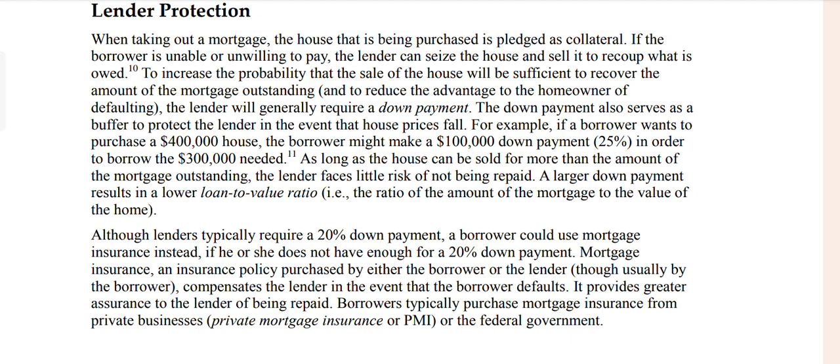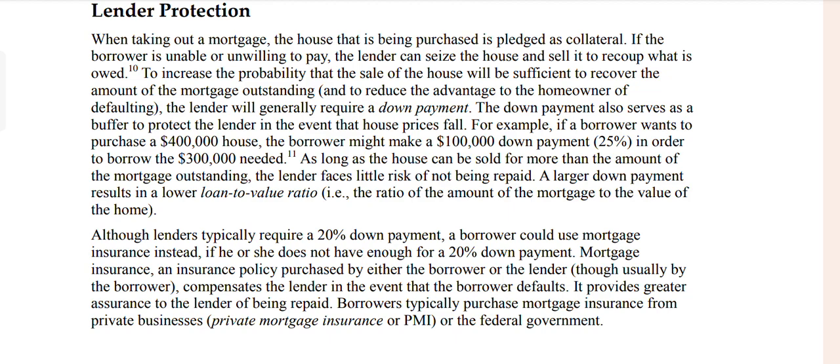As long as the house can be sold for more than the amount of the mortgage outstanding, the lender faces little risk of not being repaid. A larger down payment results in a lower loan to value ratio, the ratio of the amount of the mortgage to the value of the home.